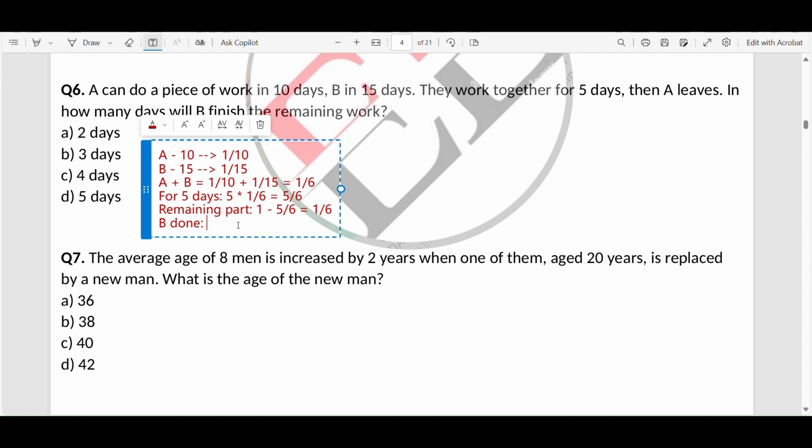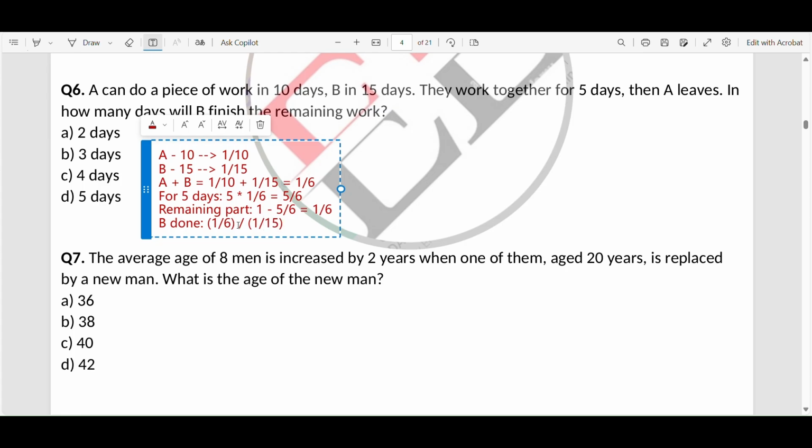So there is 1 by 6th part of work left, and we divide 1 by 6 by 1 by 15.